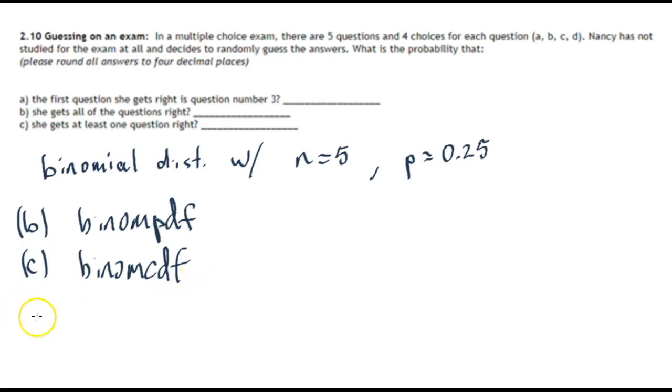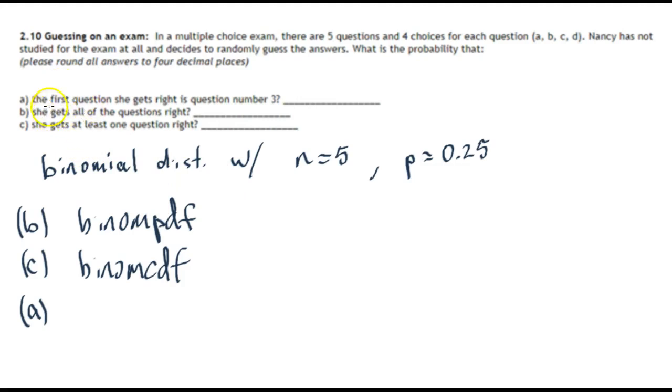But Part A is what I really want to discuss because this is a bit challenging, and you're not actually going to be using, at least the way I do it, a binomial distribution. You just want to use probabilities of success and failure to approach this. It's not really a binomial distribution problem for this one.